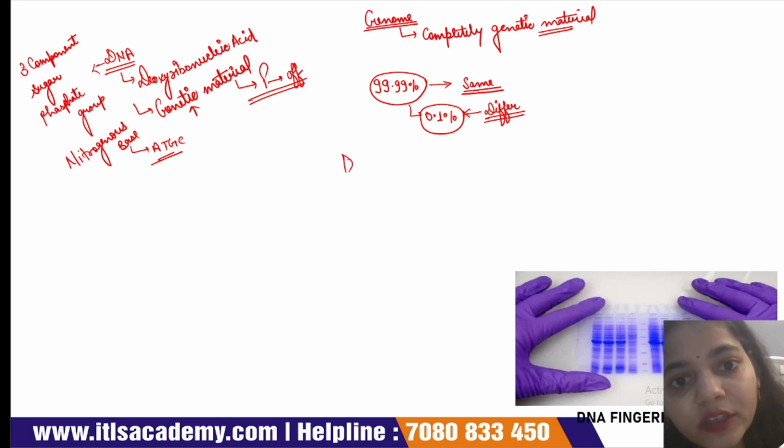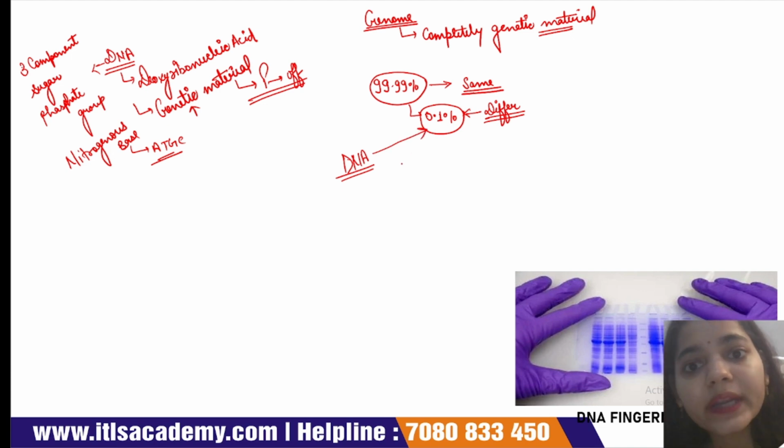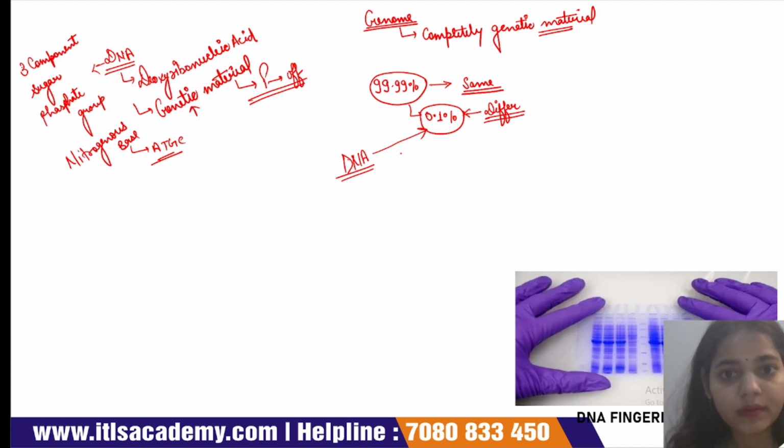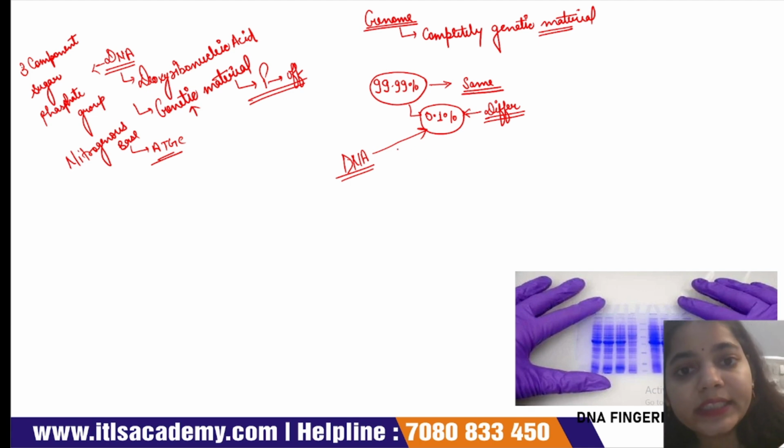In DNA technology, in DNA fingerprinting, we study only this 0.1% part of our DNA. Basically, in the DNA fingerprinting process we will study the STR, the short tandem repeats.